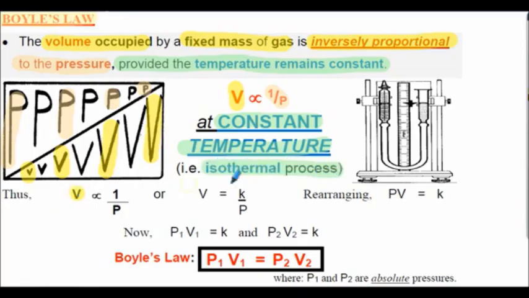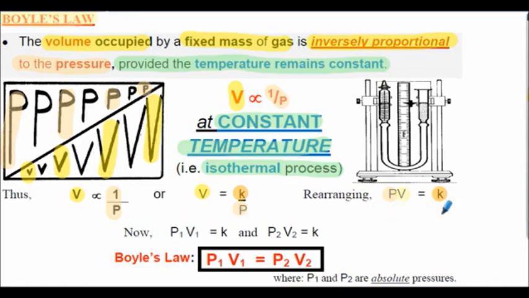So, given that V is inversely proportional to P, it can be mathematically expressed as V is equal to constant K multiplied by 1 upon P. So V is equal to K upon P. Rearranging, multiplying both sides by P, we produce the formula P multiplied by V is equal to K, constant.